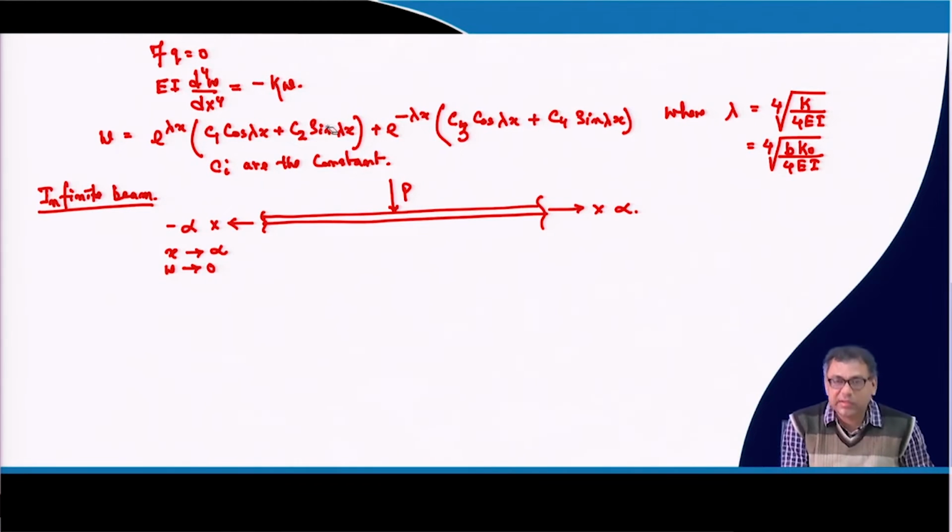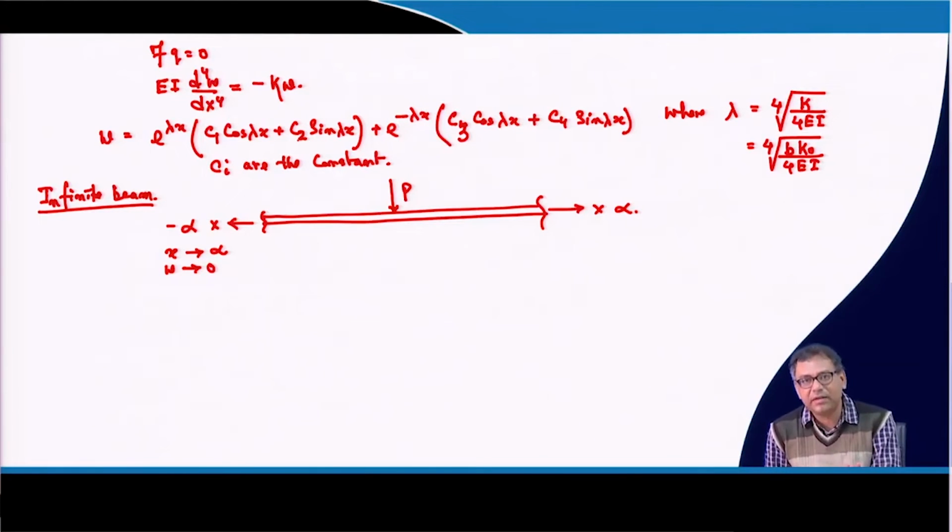Now, W can be 0 as x tends to infinity only if C1 and C2 are 0. Otherwise this is not possible, because this is e to the power positive lambda x. If you have any value of C1 and C2, this term would never be 0 if x is infinity.